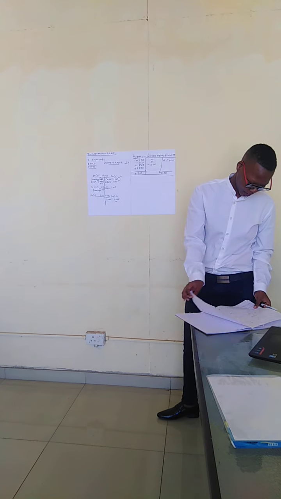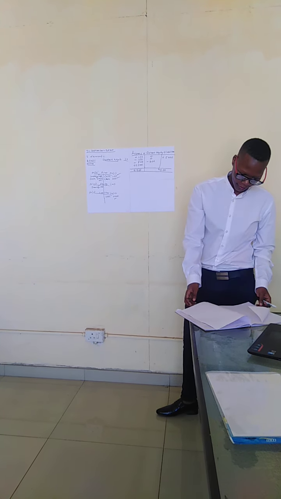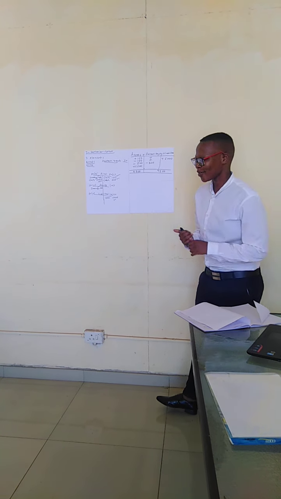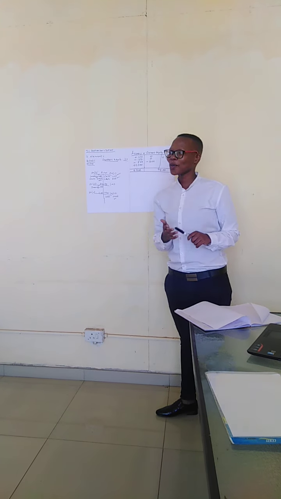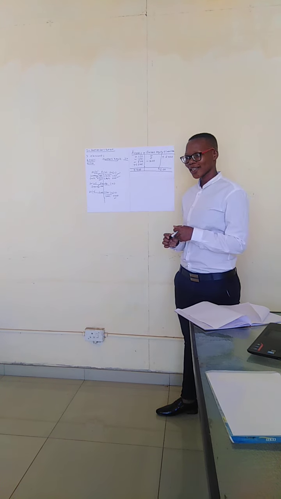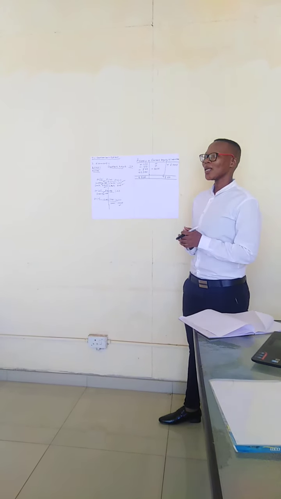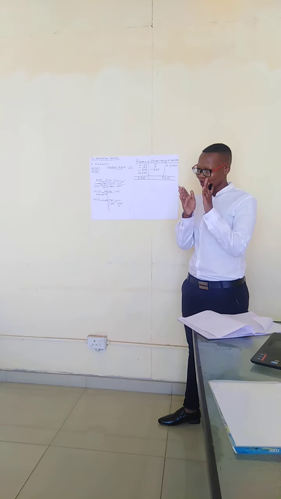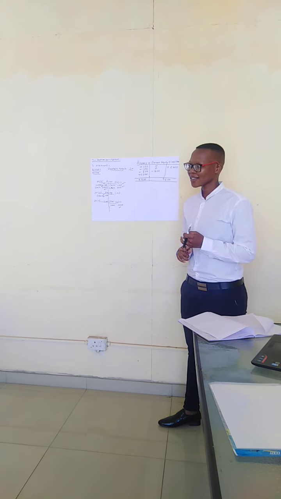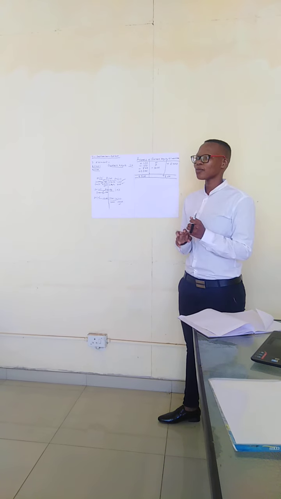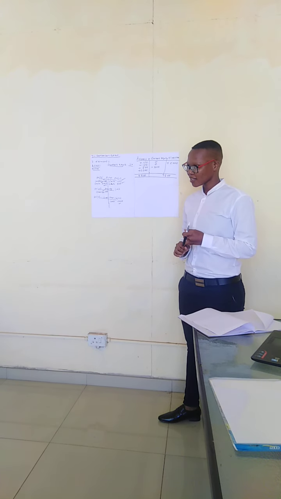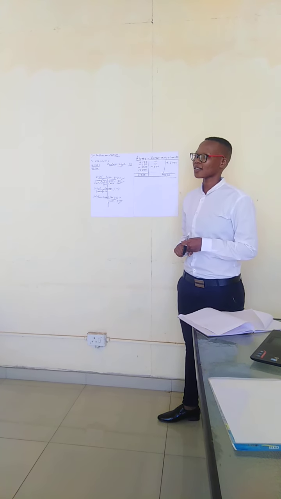So before we conclude our lesson, I'm going to just give you the homework. Okay? Please make a list of everything that belongs under assets. So I want examples of assets, equity, and liabilities.